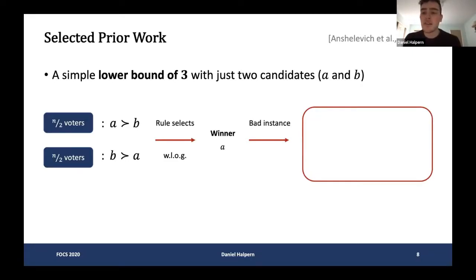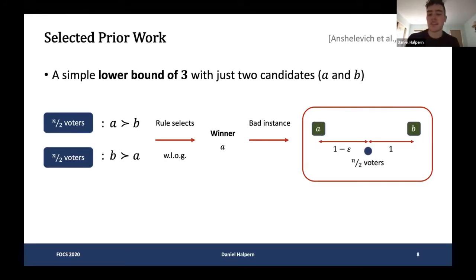Well, let's say the metric space looks like this. We're going to have A and B on a line here. Half the voters are right about halfway between the two candidates.